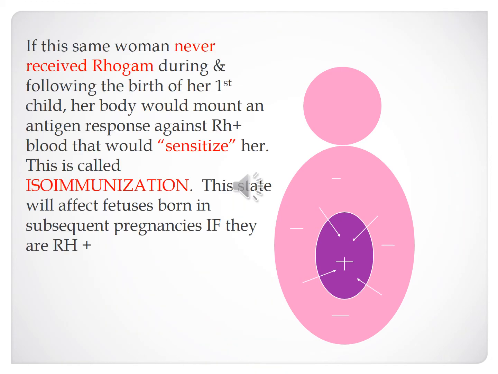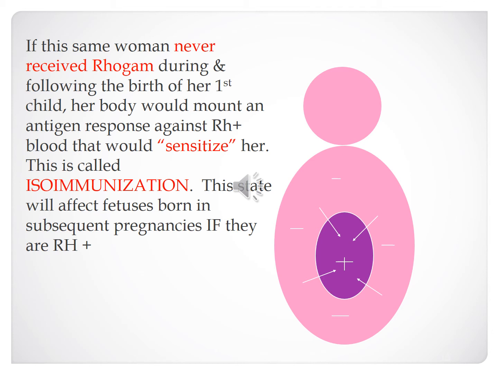So if that mom never receives Rhogam during her first pregnancy, again, her following births or pregnancies can be affected, where she develops antibodies and becomes sensitized, meaning that she has isoimmunization.